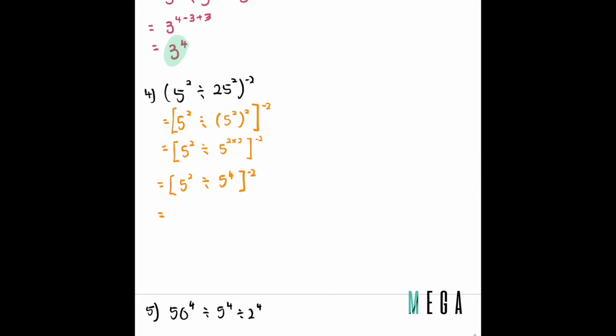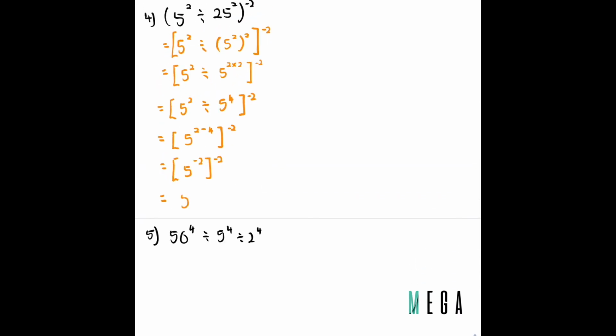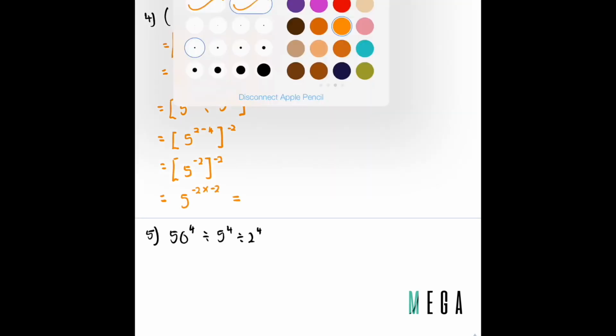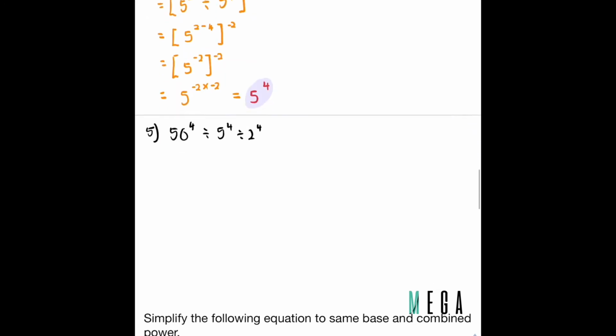And after that, you can use the law of indices, 2 minus 4, to the power of negative 2, which is 5 to the power of negative 2 and negative 2. And finally, I can write it as 5 to the power of negative 2 multiplied by negative 2, which you will get 5 to the power of 4. This will be your final answer. It's not that difficult.